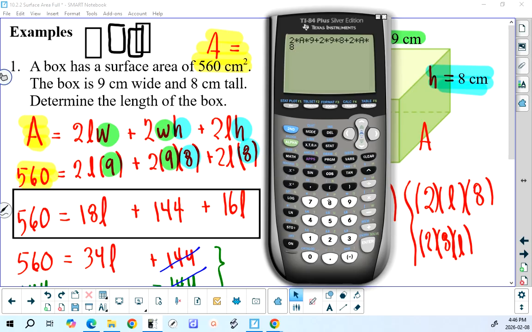So I've taken 2 times the length times the width, plus 2 times the width times the height, plus 2 times the length times the height. And I get exactly 560.